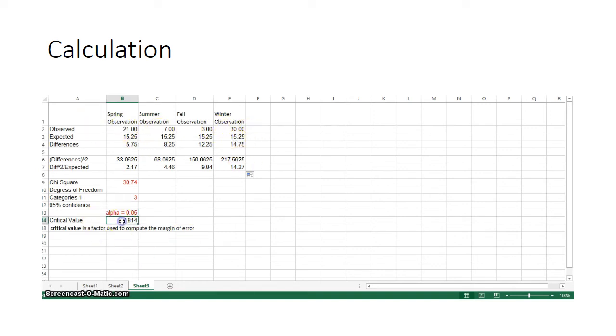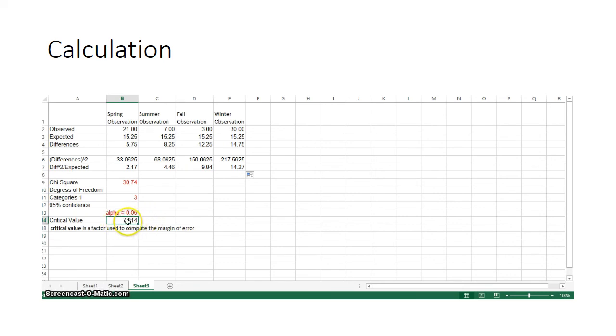The critical value, which helps determine the statistic at which point would determine whether or not this is a correlation, or if this is just by chance, is 7.04. So again, the critical value computes the margin of error. So the idea is x squared should be 0, or as close to 0 as possible, or the critical value.